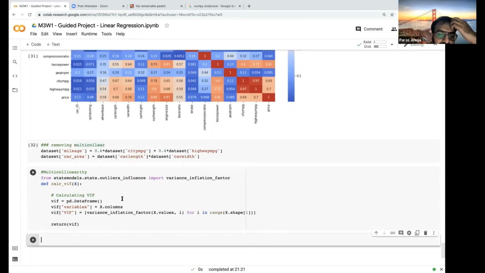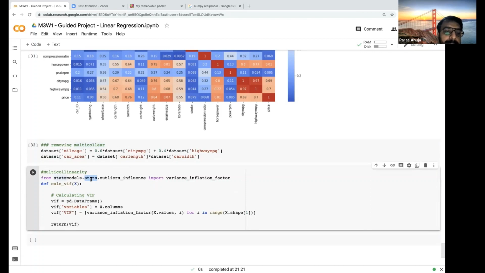VIF you can directly use from the statsmodels library, and you can call the variance inflation factor function and do the VIF calculations.